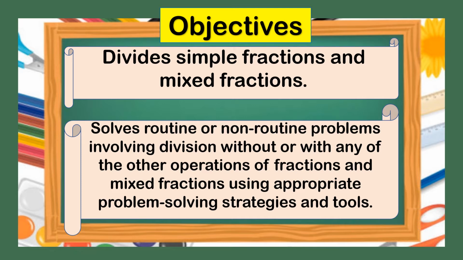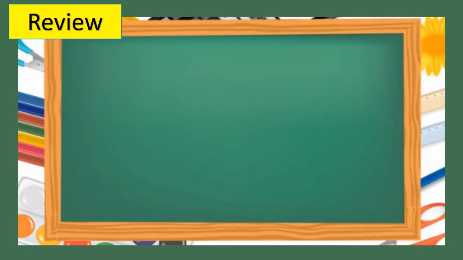But before that, let us review first our last topic, which is multiplication of fractions. Answer the following, and I will give you 10 seconds to compute it. Okay, number 1: 1/3 times 6 equals.